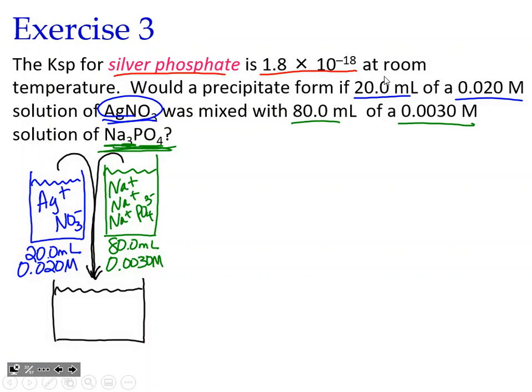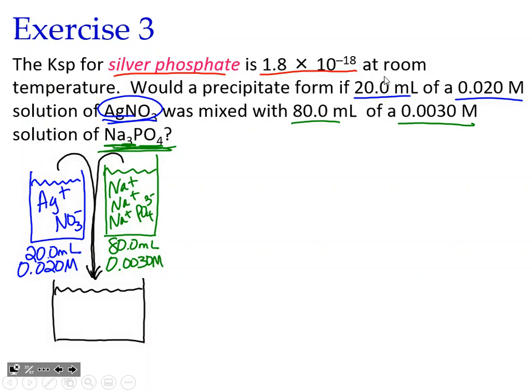Sodium happens to be an alkali metal. Alkali metals are always soluble on the solubility rules. So both of those two initial beakers are completely soluble ions, large Ksps. Don't even worry about Ksp because it definitely dissolves to 0.1 molar concentration at room temperature, and probably greater than 0.1.